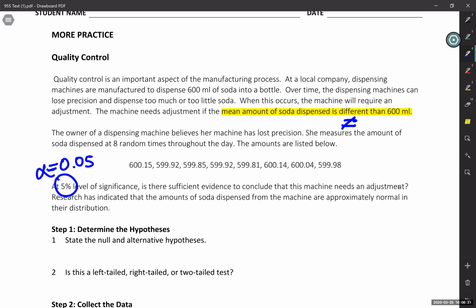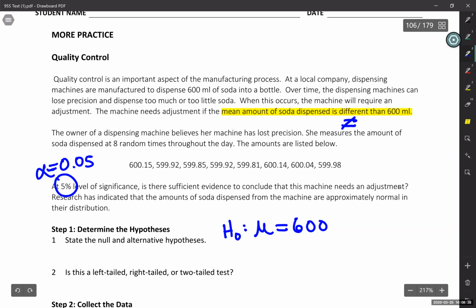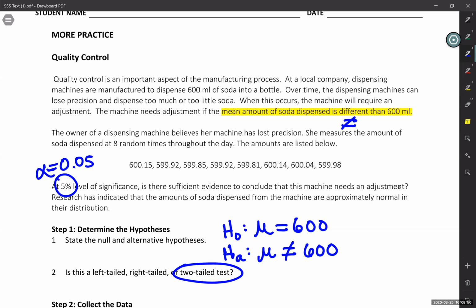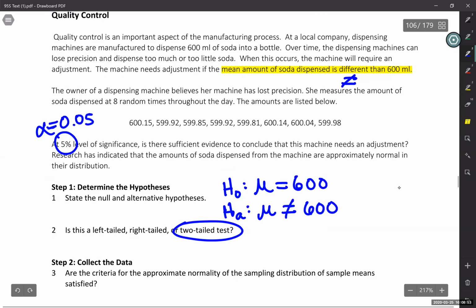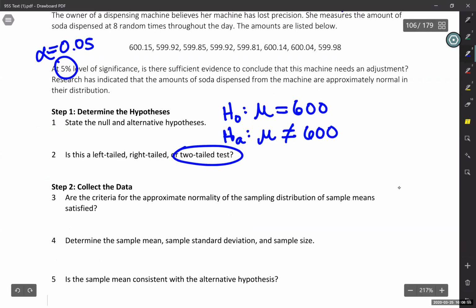For the hypothesis, the null is that the mean is equal to 600 because null is always equal. And the alternative is that the mean is not equal to 600. Like we said, this is a two-tailed test because it is not equal. The sample size here is less than 30.